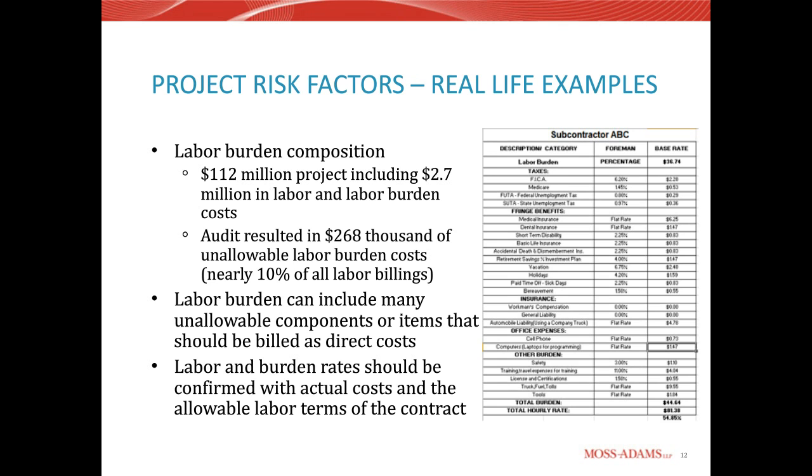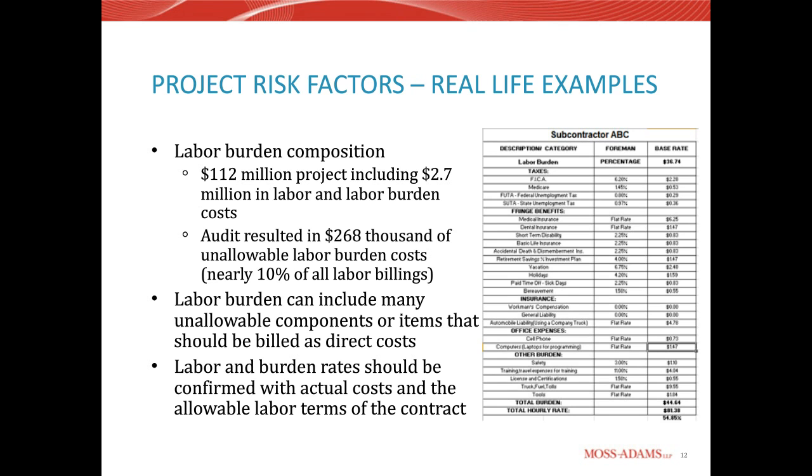You review these for certain cost components. Obviously, you have your taxes, your fringe benefits, and then they may have some other miscellaneous charges that they bill within their labor burden. In this example, and I don't know how well everybody can see the graphic that's there, there were quite a few things included within this labor burden rate that were covered under another area within the project scope.